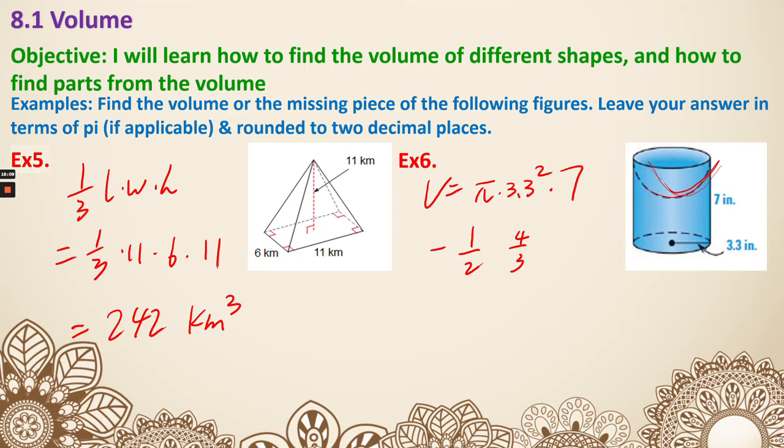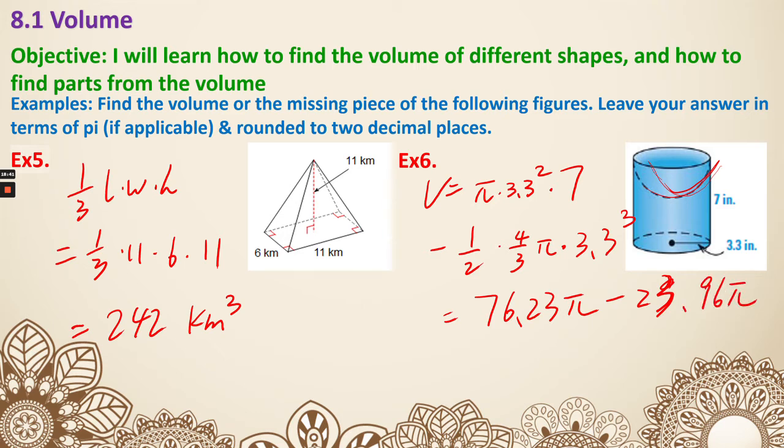So 4/3, and the pi. As for the radius, it is actually the same radius, so 3.3 cubed. And for this one, if you put it in the calculator, that is going to give you 76.23 pi, 23.96 pi.